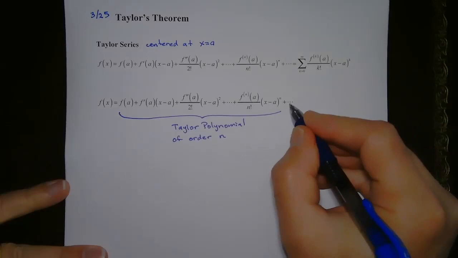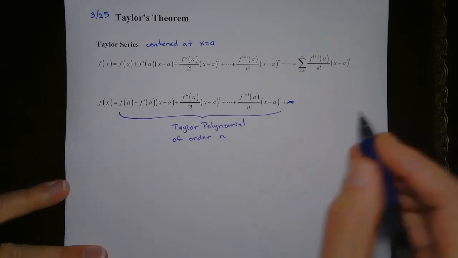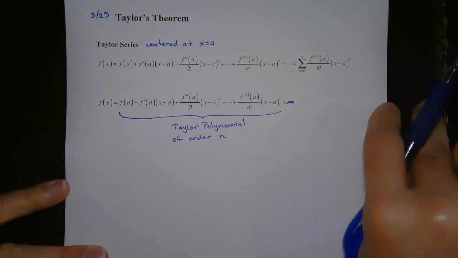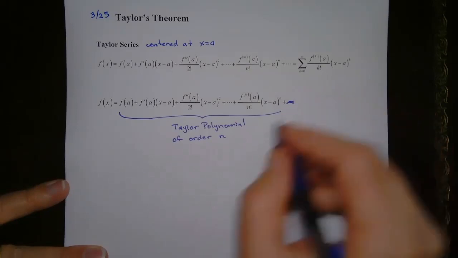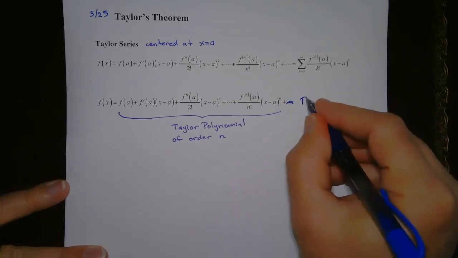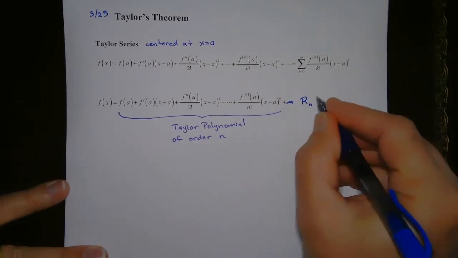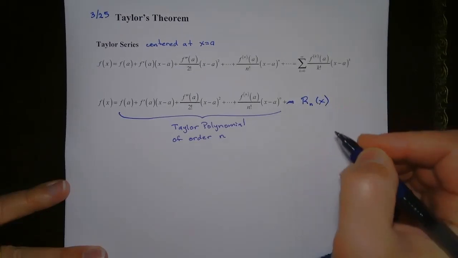Now, if we add to this the remaining part, I want to take these dots off, this is called a Taylor polynomial. This other part is called the remainder, and we use r sub n of x.